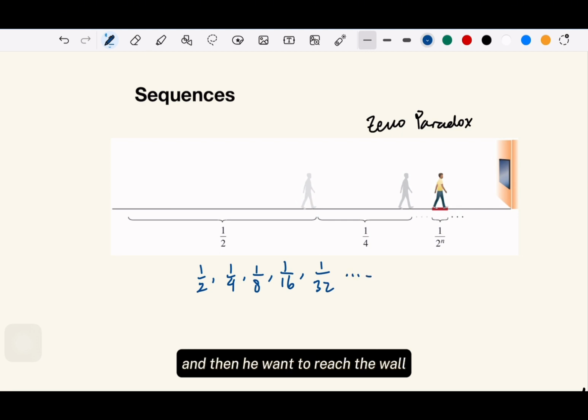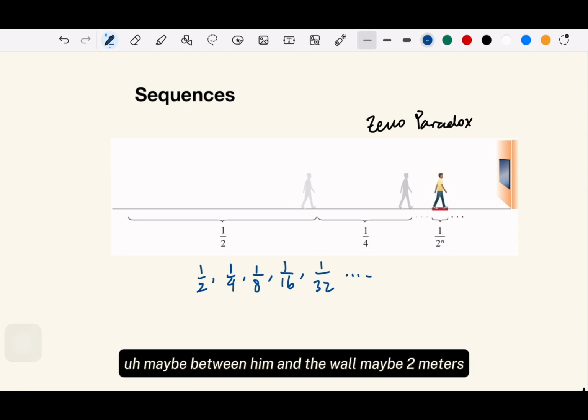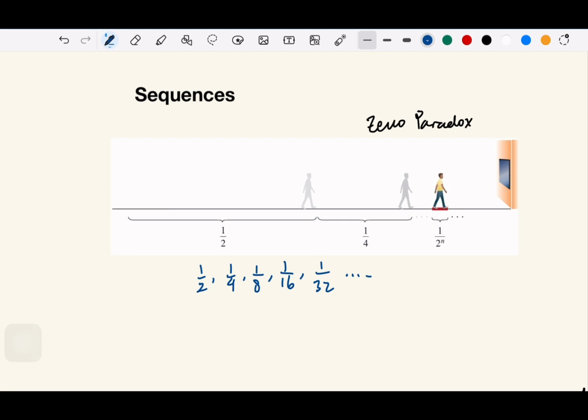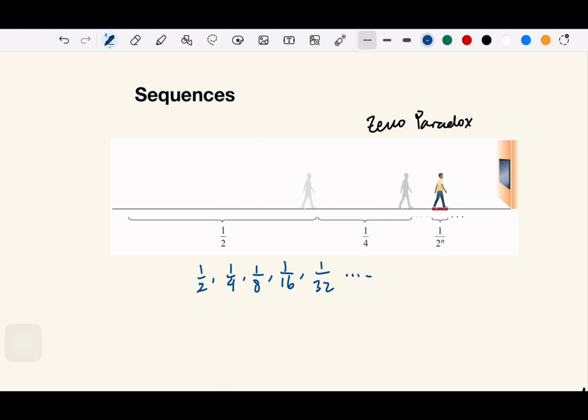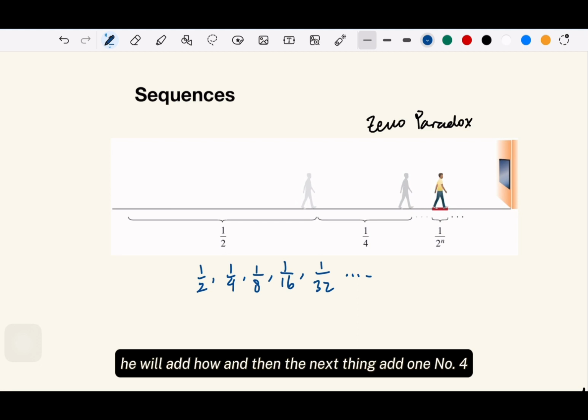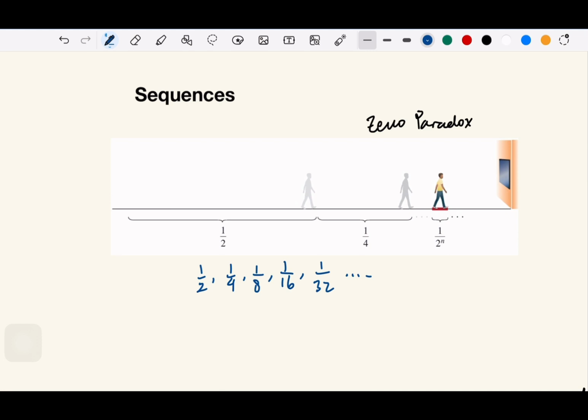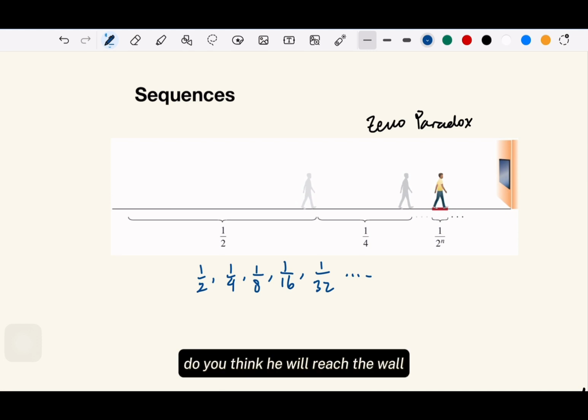And then he wants to reach the wall. For example, if the distance between him and the wall is maybe 2 meters, and he tries walking by taking 1 meter, and then the next thing he will add half, and then add 1/4, if you see how we accumulate these numbers, do you think he will reach the wall?